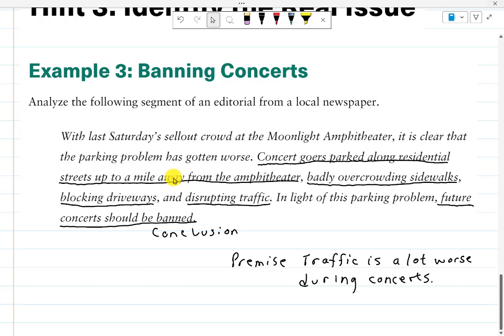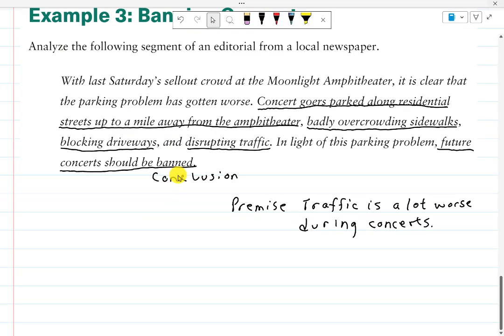And these aren't really conclusions, but they are supporting evidence. So we could do this. We could say residential parking. What were some other things? Overcrowded sidewalks.